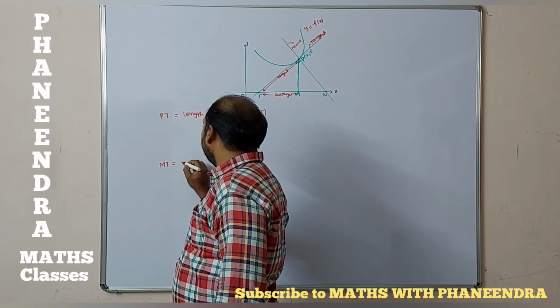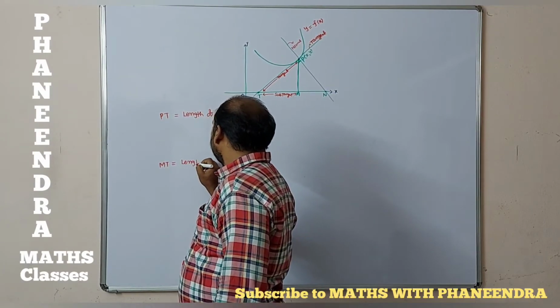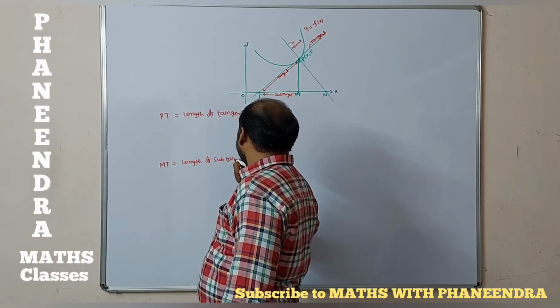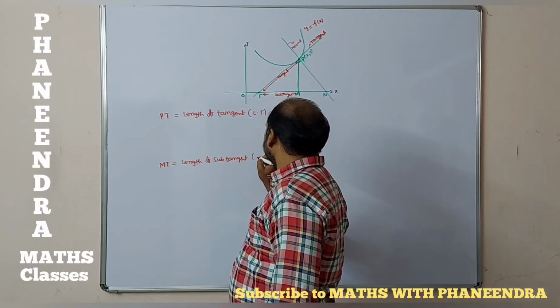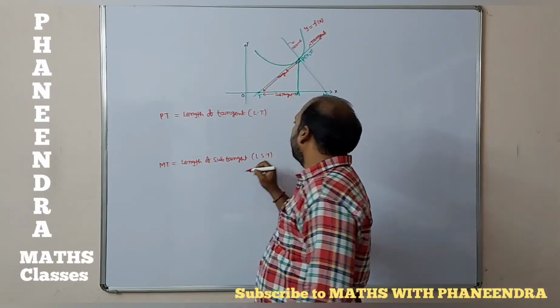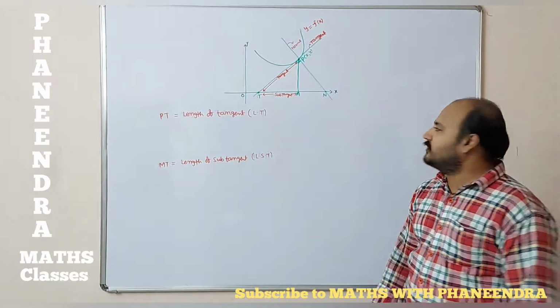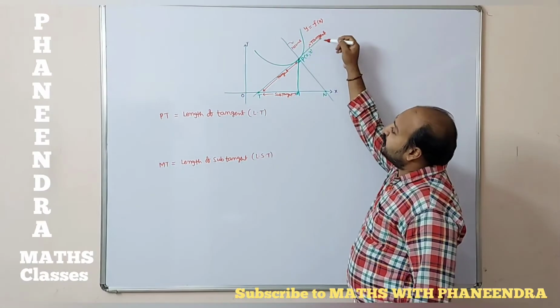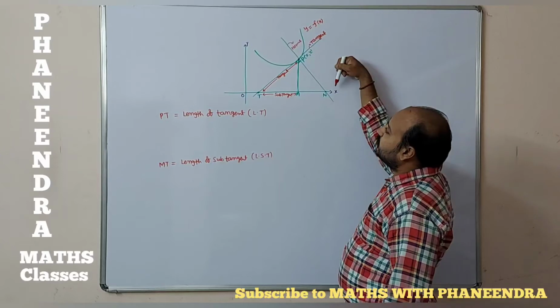MT is equal to length of subtangent. We can write as LST, length of subtangent. Next, from point P, the line which is perpendicular to the tangent is called normal equation.